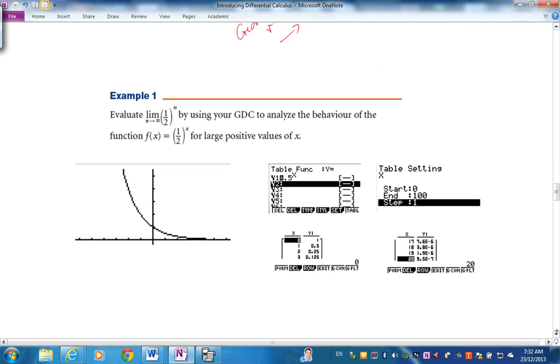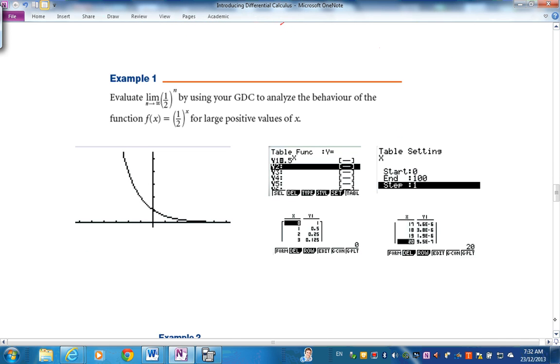Screen clippings from Pearson's here again, and their first example 1. Evaluate the limit as x tends to infinity of a half to the n by using a graphics display calculator to analyse behaviour, because we actually don't have to do a lot of analytic or algebraic discussion of these. But we know what this does from our exponential work. A half to the x looks like this.